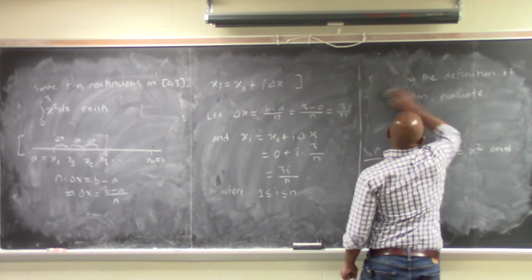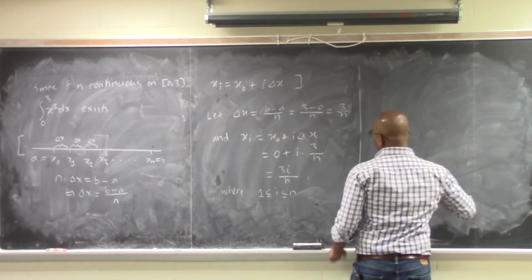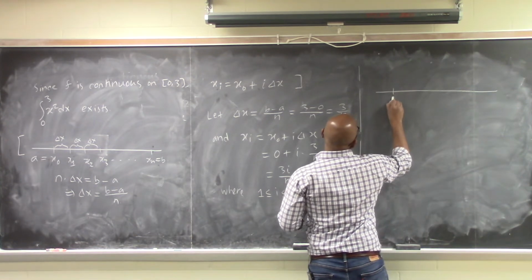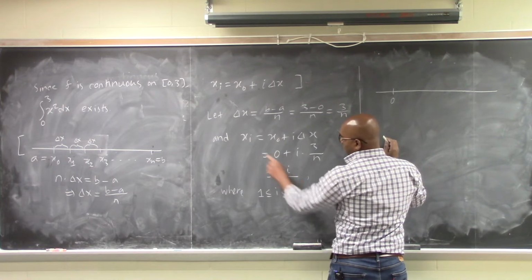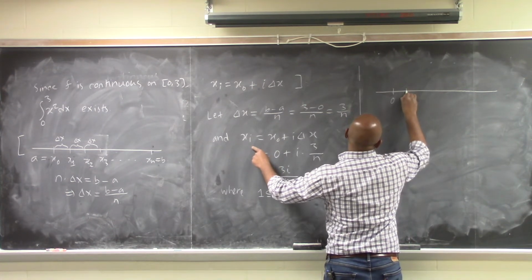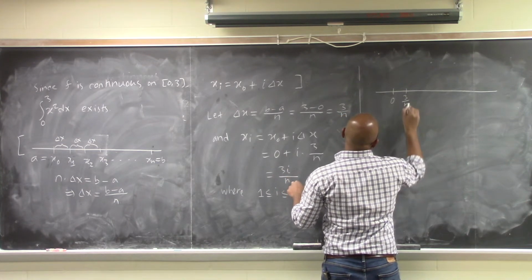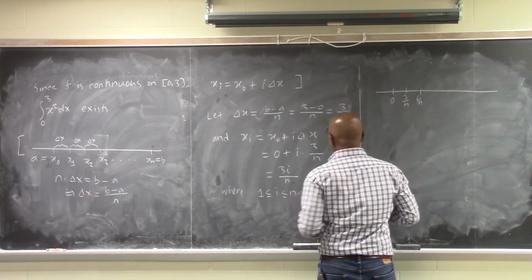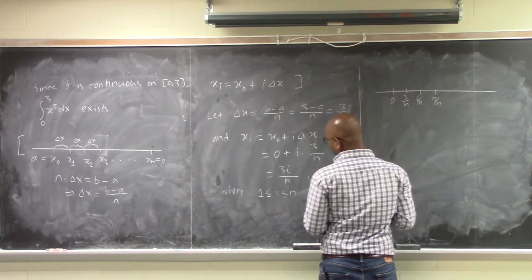Let me just show you in the interval what it is. So this is 0 to 3, right? So let's say this is 0. You plug in 0, you get what? 0 over n, which is 0, right? And then if you plug in 1, you get what? 3 over n. And then you plug in 2, you get what? 6 over n, right? And then you plug in 3, you get 9 over n. Okay?